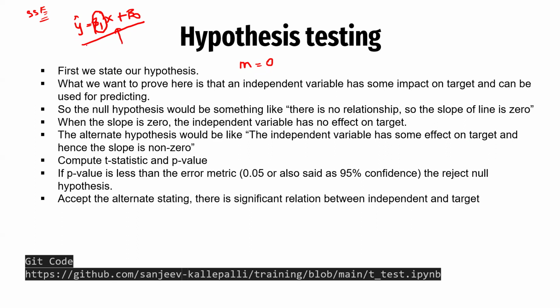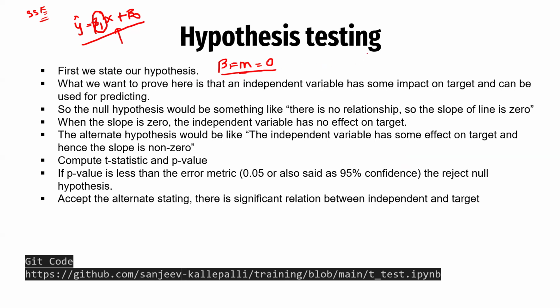Now I want to validate if my beta 1 is really correct or not. So for that, my null hypothesis says just the opposite of what the model says. My model says there is a beta 1, but my hypothesis says there is no slope. When I say m, it is like beta 1. The beta 1 should be equal to 0. This will be our null hypothesis.